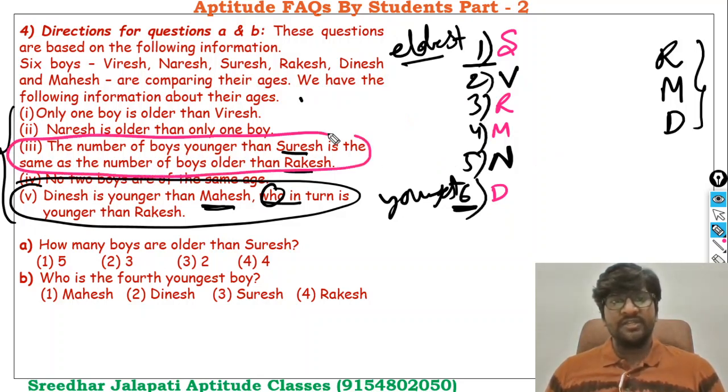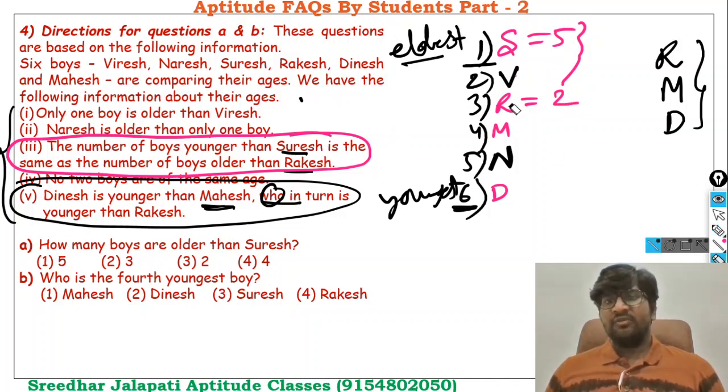What is the second condition? The number of boys younger than Suresh is 5 in my notation, as Suresh is the eldest. That should be the same as the number of boys older than Rakesh. The number of boys older than Rakesh is 2 in my notation, who are Viresh and Suresh. So according to the question, that should be equal, but I did not get that. That means the arrangement of RMD that I took is incorrect.